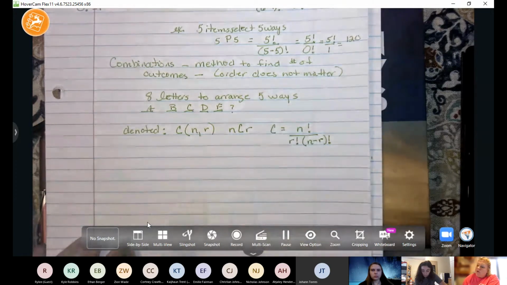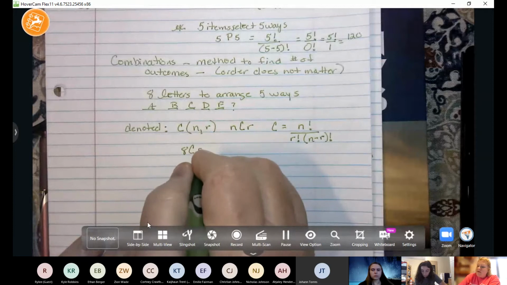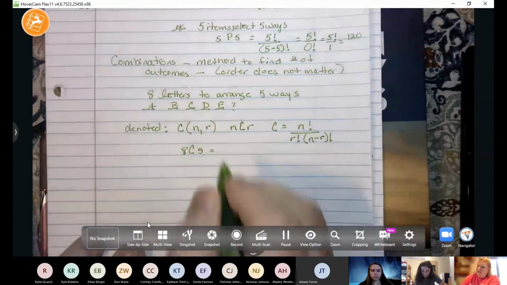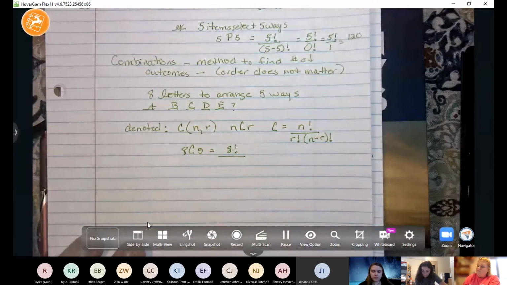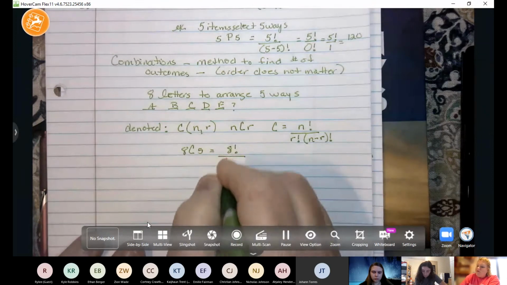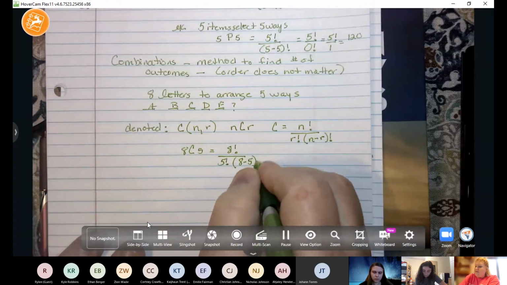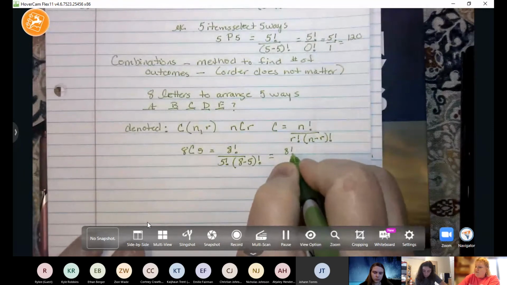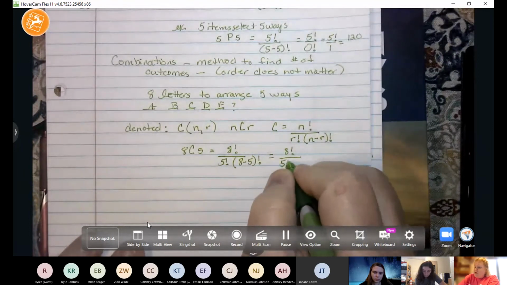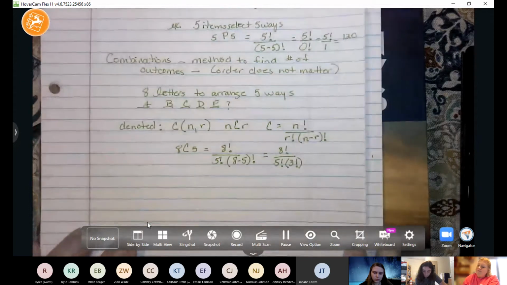So going back up to our problem here, we're going to do 8 combination 5 ways, which means we would do 8 factorial over 5 factorial times 8 minus 5 factorial, which gives us 8 factorial over 5 factorial times 3 factorial.